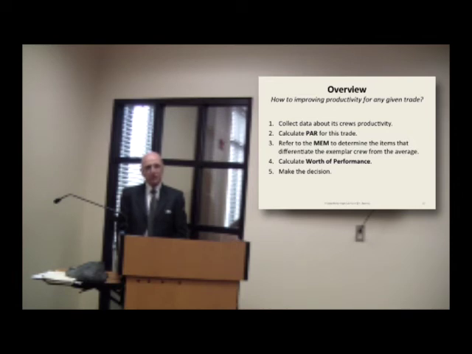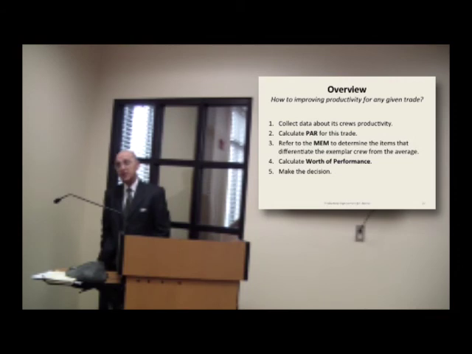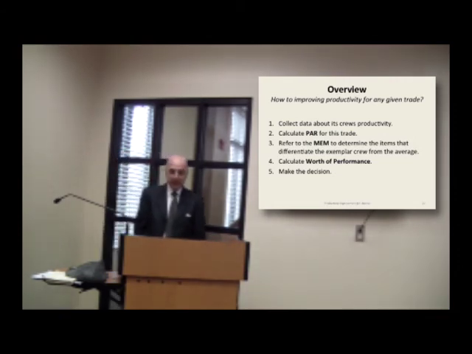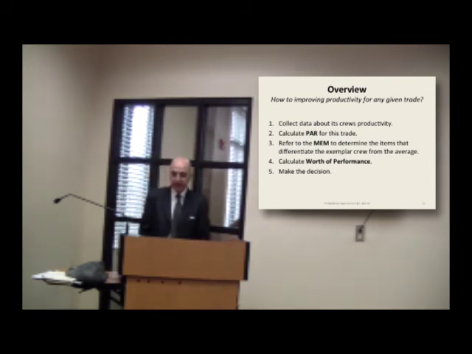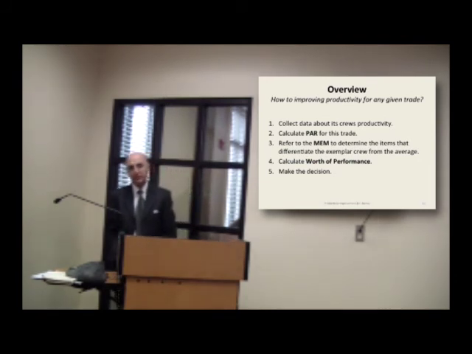Once you locate the exemplar and you have the average, okay, calculate the performance ability ratio. The higher the performance ability ratio, the higher the potential for improvement. Refer to the methods engineering model to determine the items that differentiate the exemplar crew from the average.